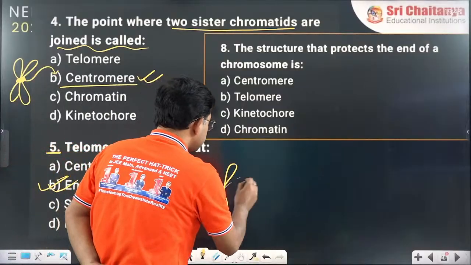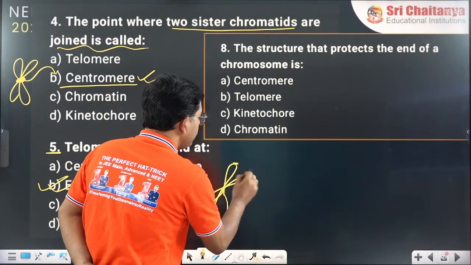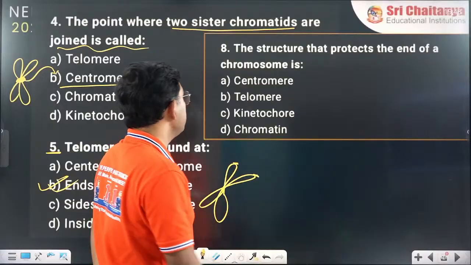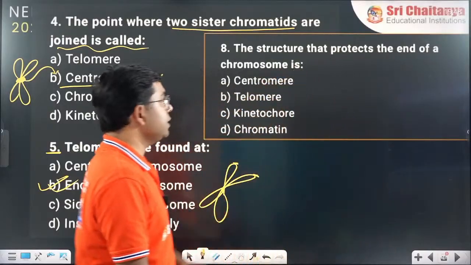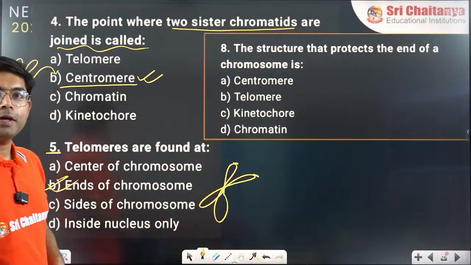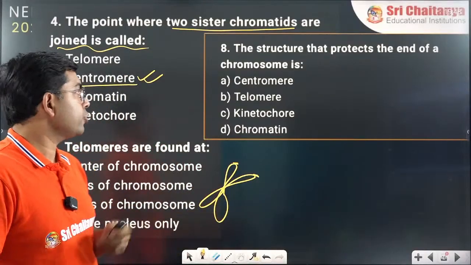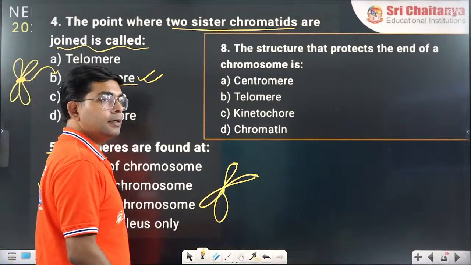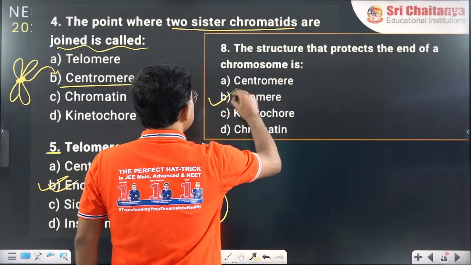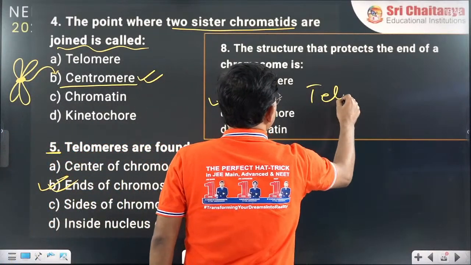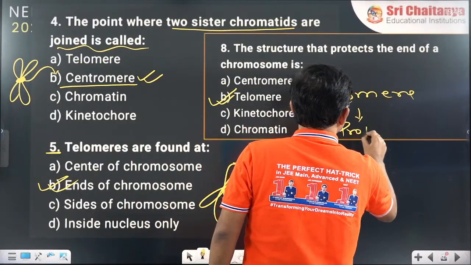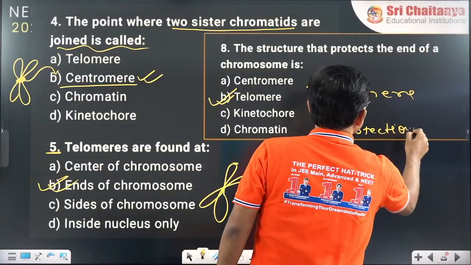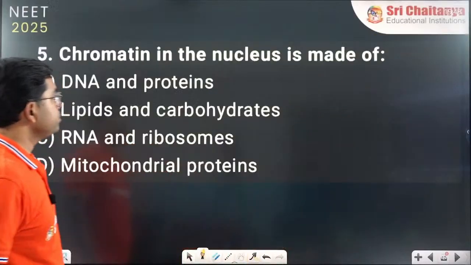If this is the chromosome, the end will be telomere. The structure that protects the end of chromosome is again telomere. Its function is protection, right?